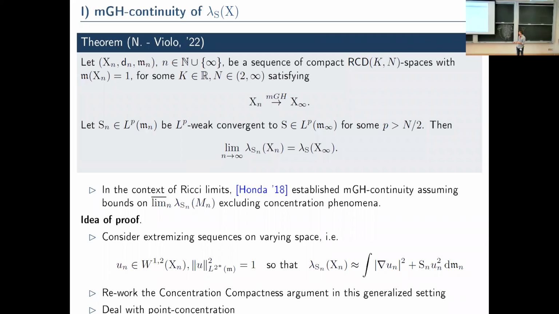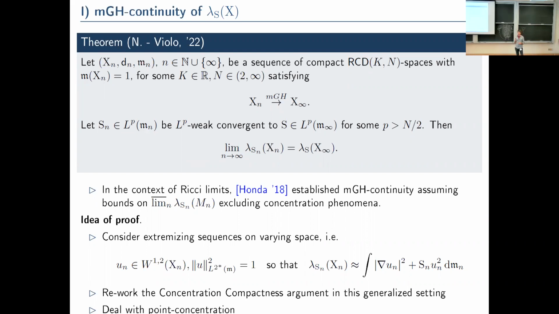So it is almost optimal in the definition of lambda, and this almost optimality gets better and better along the sequence. So you are basically in the same framework as before, just that the space is no longer fixed. So you have to rework the concentration compactness argument with the Sobolev calculus along the spaces.